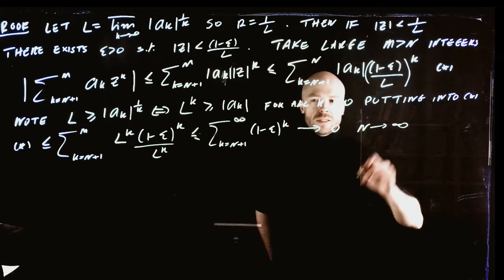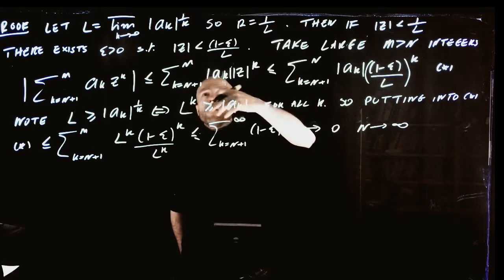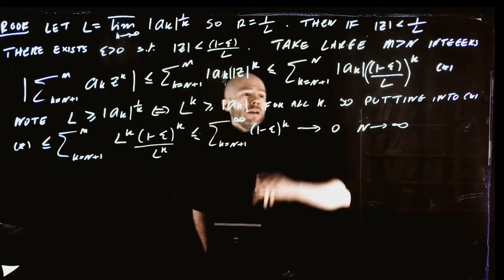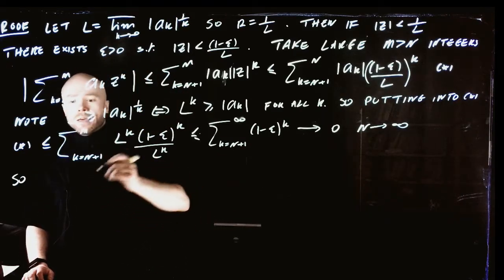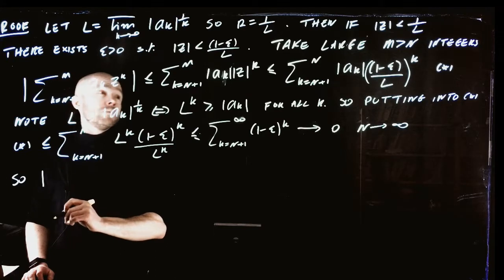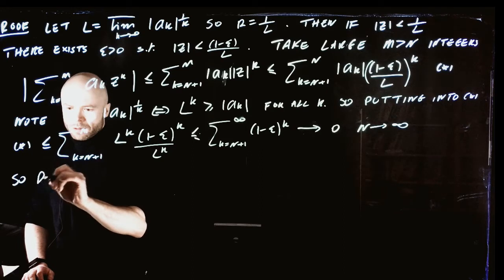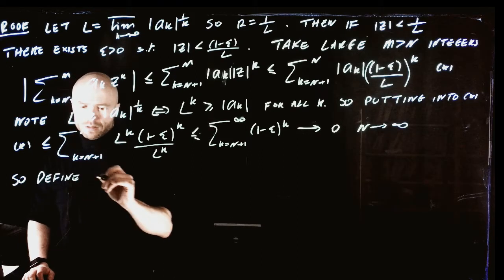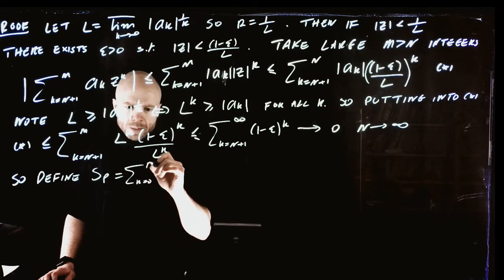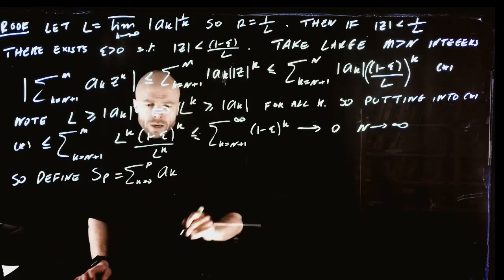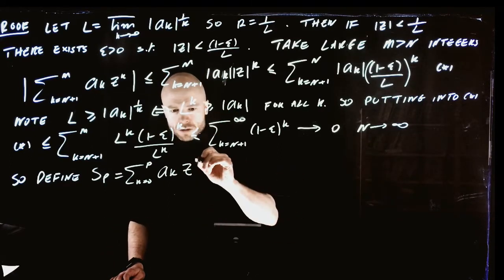Okay. So this tends to 0 as n tends to infinity, right? And recall we took any m which was bigger than n, right? So in particular, that means that if we take the partial sums, define S_p to be the sum from k equals 0 up to p of a_k z^k.